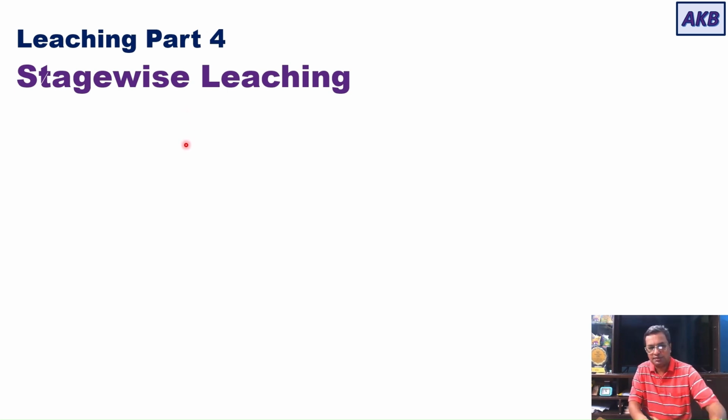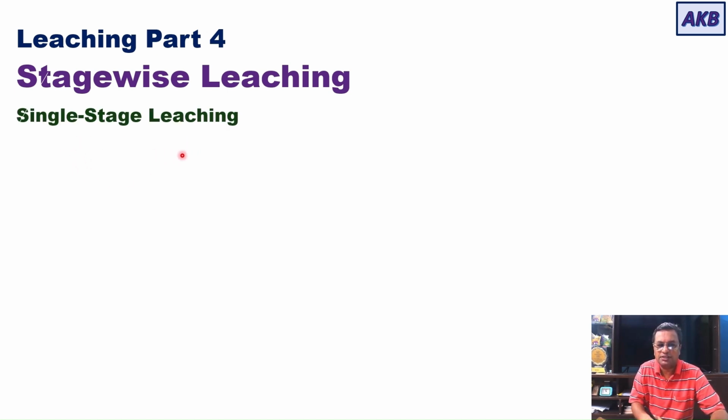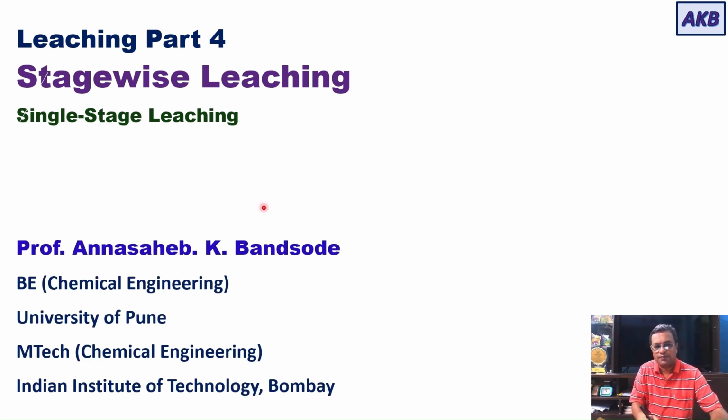And in this video lecture, I will be discussing single stage leaching. So in this discussion, you will understand how to write material balances for single stage operation and then how to follow those material balances on the equilibrium diagrams. So let us start the discussion.